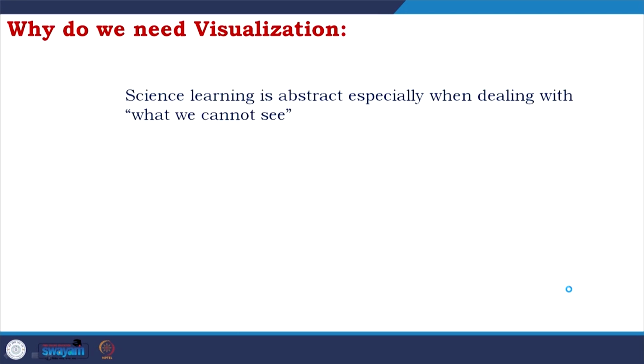As I said, why do we need visualization? Since learning is abstract, especially when dealing with what we cannot see. We have talked about the power of an eye. So, what is not coming under the power of an eye? We need some instrumentation, starting from a simple lens, going to compound microscope, electron microscope, getting more powerful resolution, and other spectroscopic signals which give us information.